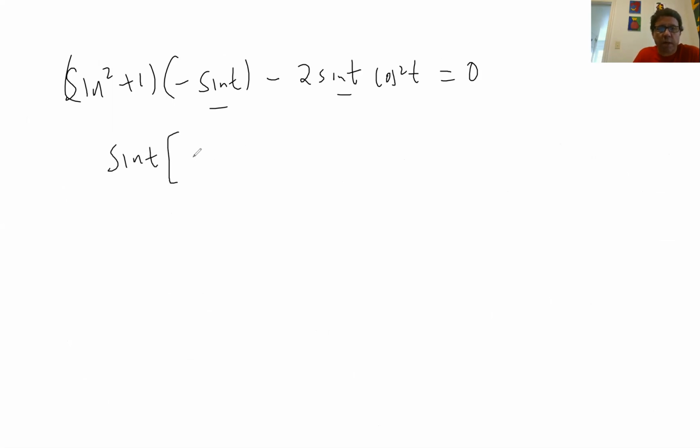That should just factor out negative sine, actually. So if I factor out negative sine, I'll have sine squared t plus 1. Factor out negative sine here, I'll have plus 2 cosine squared t.